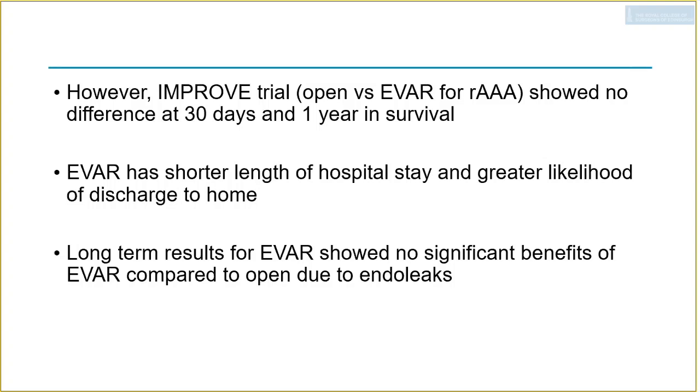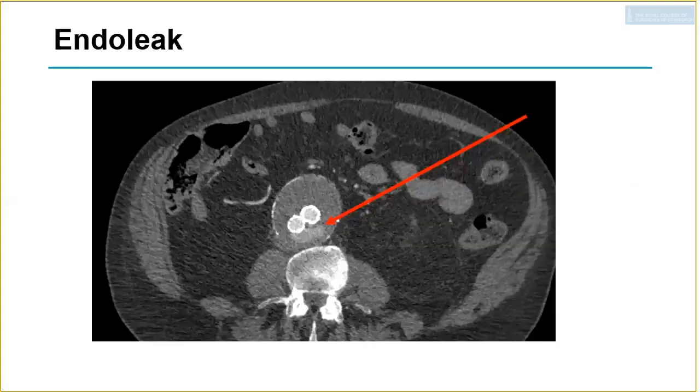It's a shorter length of hospital stay, greater likelihood of being discharged home. But in the long term, EVAR does not seem to confer any extra benefits compared to open due to the risk of endoleaks. And what are endoleaks? These are flow of blood outside the stent, as seen in the CT scan here, where the arrow is pointing to contrast below the bilateral stent grafts.